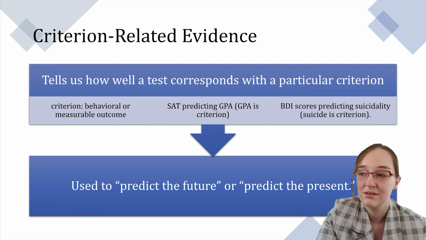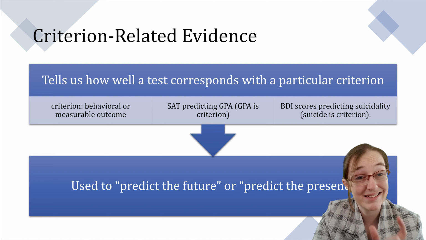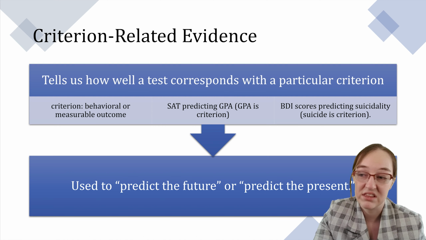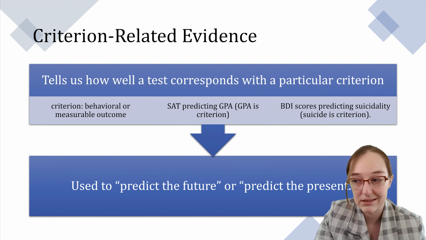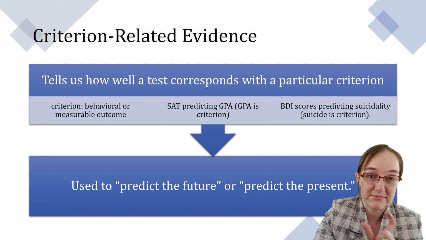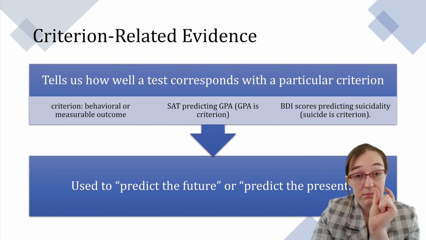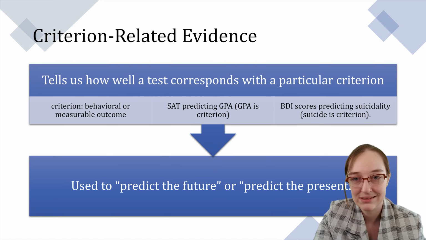For example, with the SAT predicting GPA, GPA is the criterion in this case. With the BDI predicting suicidality, suicide is the criterion. And the big difference here is predicting the future or predicting the present. That's the big distinction between predictive and concurrent.